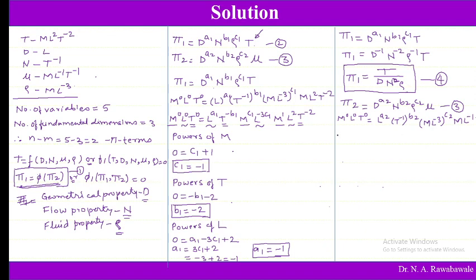Now again we write this as M to the power of 0, L to the power of 0, T to the power of 0 is equal to L to the power of a2, T to the power of minus b2, M to the power of c2, L to the power of minus 3c2, M to the power of 1, L to the power of minus 1, T to the power of minus 1.